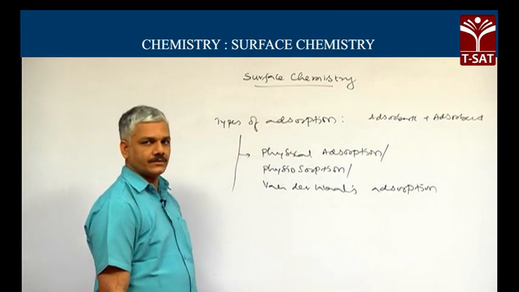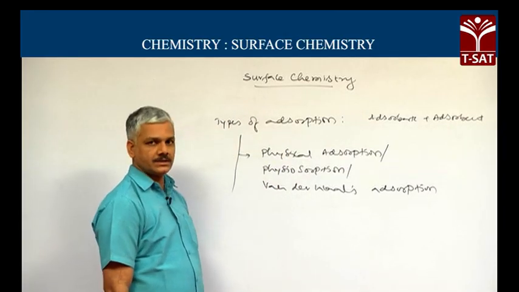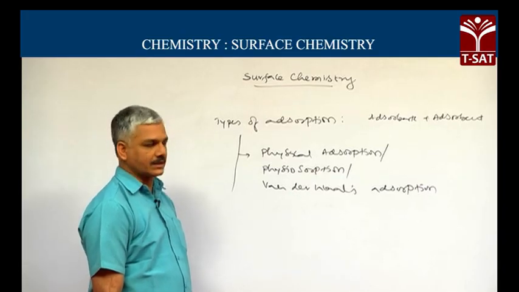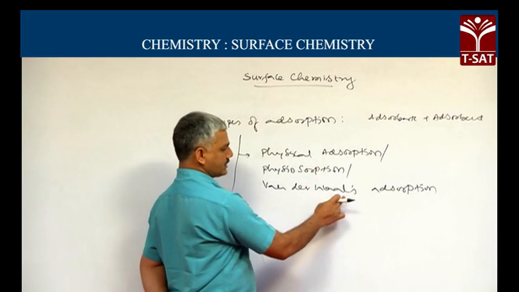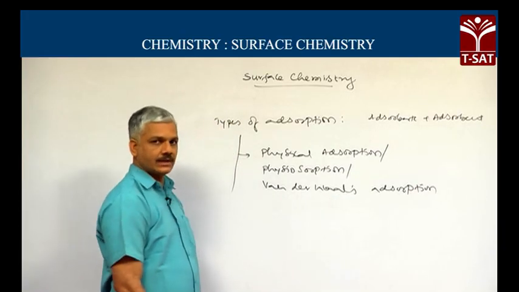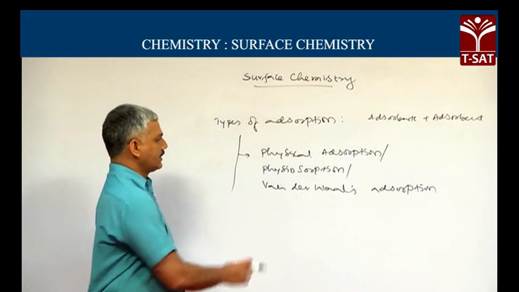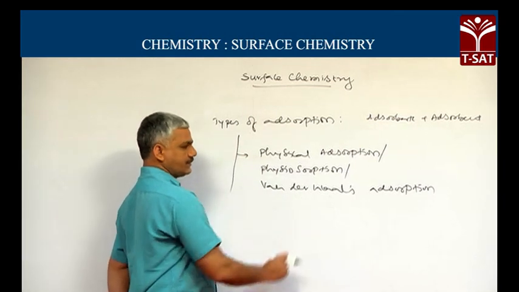because the types of forces operating between adsorbate and adsorbent are physical forces of attraction, which are also called van der Waals forces of attraction. Hence, this is also called van der Waals adsorption.